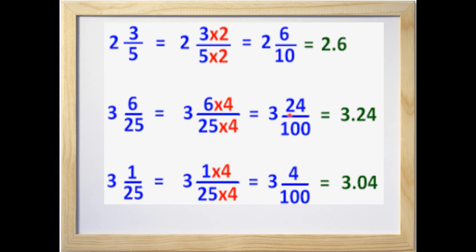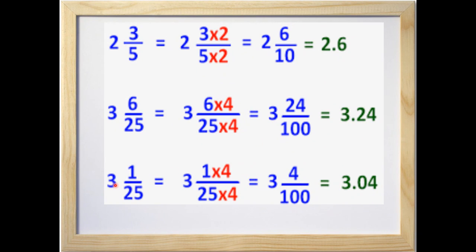So now we have converted this mixed fraction into another mixed fraction, that is 3 24 by 100. But this is a decimal fraction, so easily we can convert 24 by 100 as 0.24. So 3 24 by 100 can be written as 3.24.